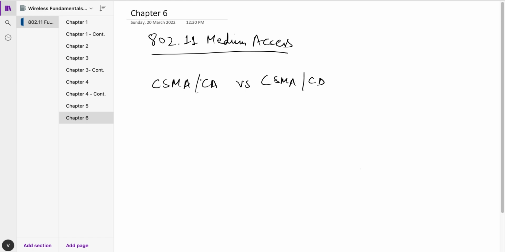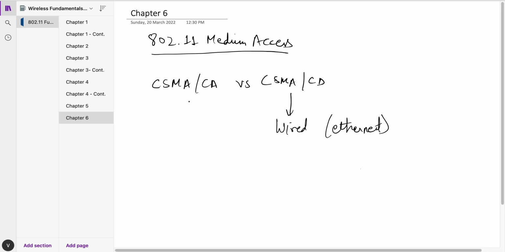Anyway, moving forward, what we need to understand is that CSMA/CD is widely known because it is used in wired networks, or I should say the Ethernet space, whereas CSMA/CA is lesser known. It is used in the Wi-Fi space or the wireless space, right?